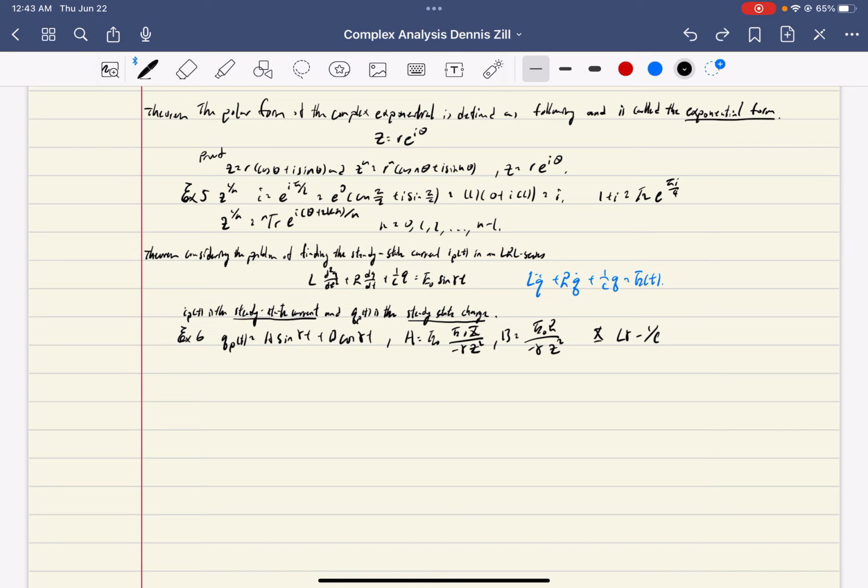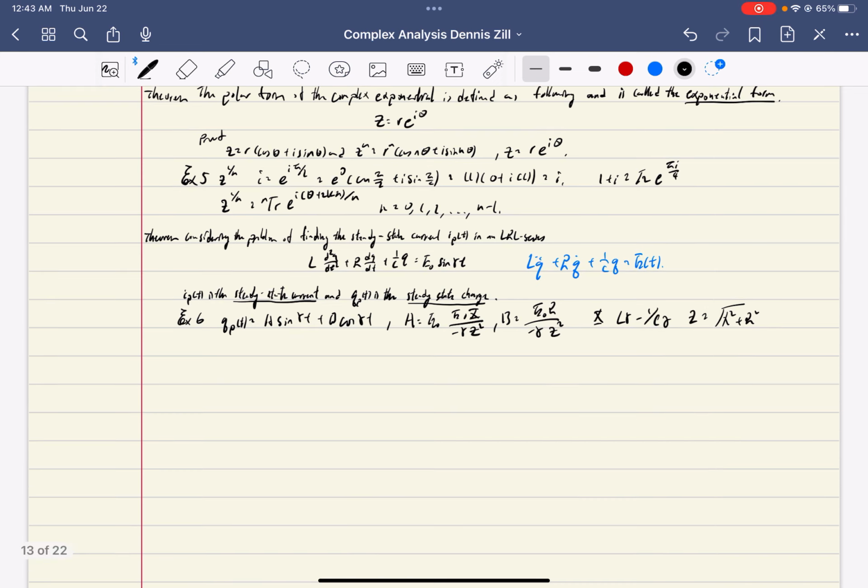This is not R, this is gamma. And Z is just equal to, well, the square root of X squared plus R squared, right? And, well, X is called the reactance. And Z is called the impedance of the circuit.